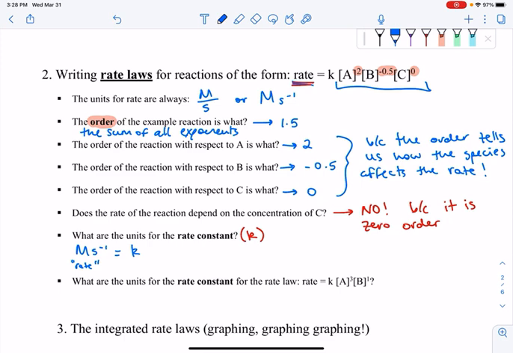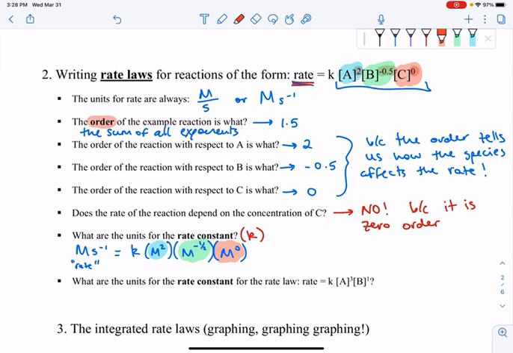So concentration is always in molarity. So here we have molarity squared, right? That corresponds to the A squared. Then we would multiply that by molarity to the negative 1/2. That corresponds to B raised to the negative 0.5. And then finally we have molarity to the 0th power, which corresponds to C.